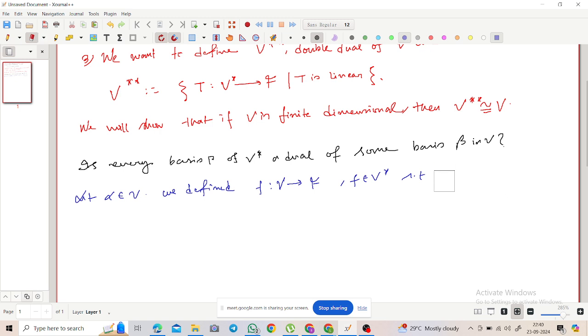So I mean we defined it in this way actually. f of c alpha is c. I'm talking about the dual of alpha.